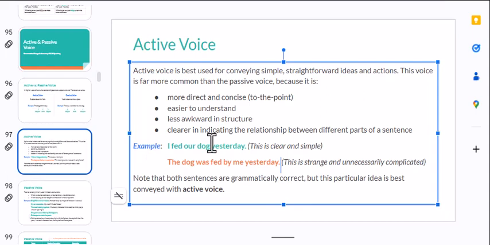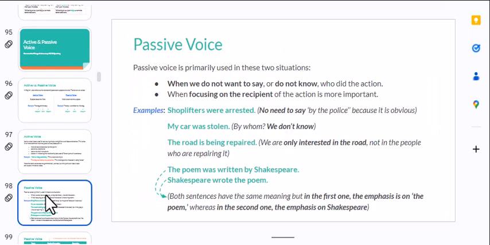So why do we use the passive voice, and when do we use it? We need to know that. As you can see on my next slide, the passive voice is primarily used in two main situations. The first is when we don't want to say, or don't know, who did the action.